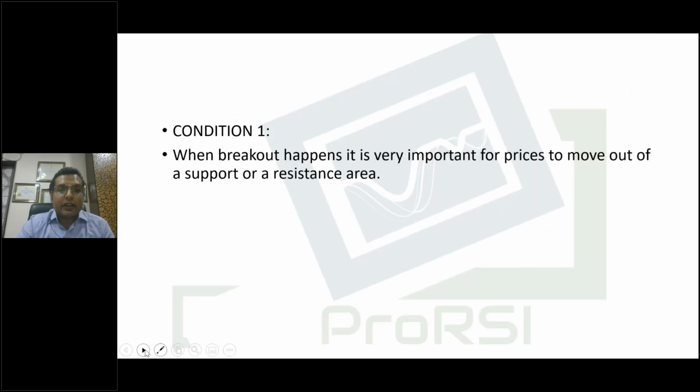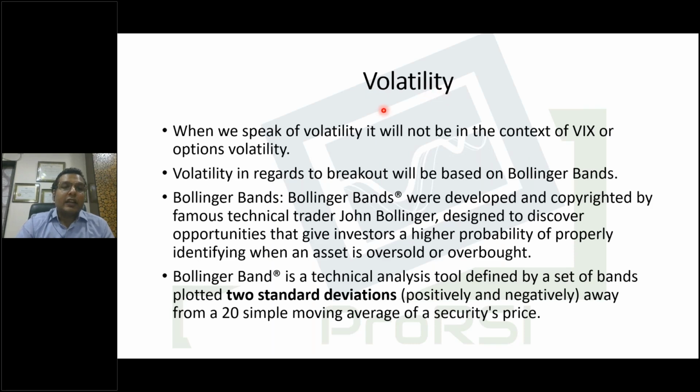The second thing we are looking at is volatility. When we speak of volatility, it is not in the context of the VIX or option volatility. It is based on the volatility of the stock, right? So we will use Bollinger bands for filtering volatility.